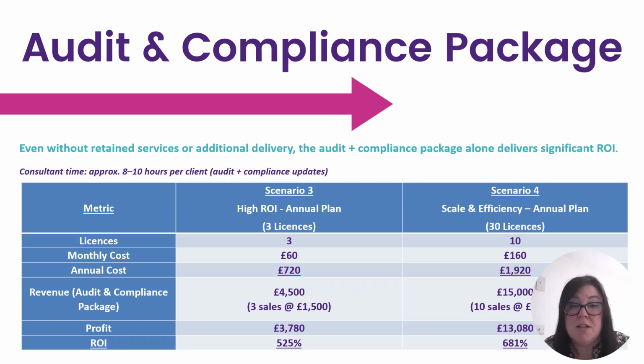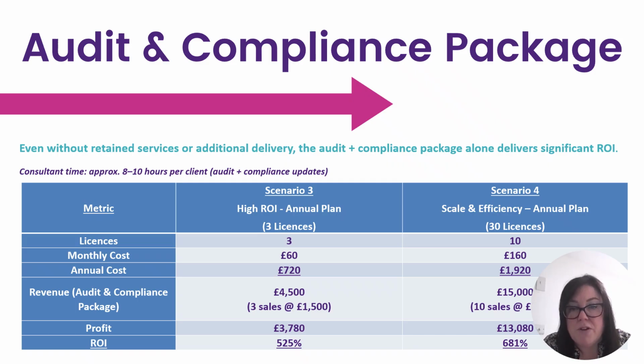You're paying out £720 for the year. You're getting a profit of nearly £4,000, £3,780. So that's scenario 3. That would be quite a typical scenario with clients, especially with all the employment law changes that are coming up. Every single business in the UK is going to need to be reviewing their contracts, handbooks, policies, processes and systems, etc.